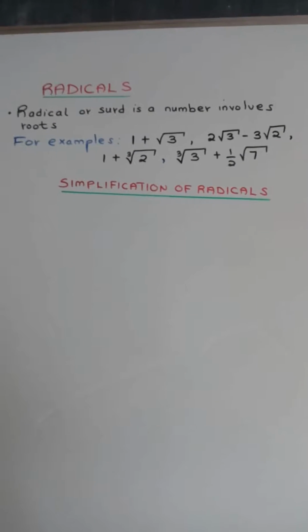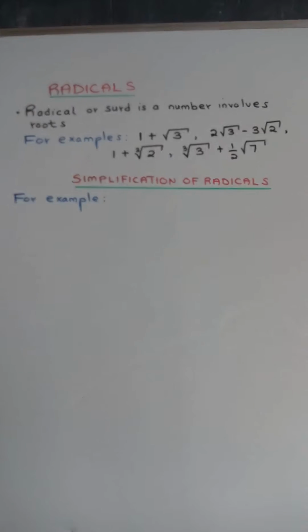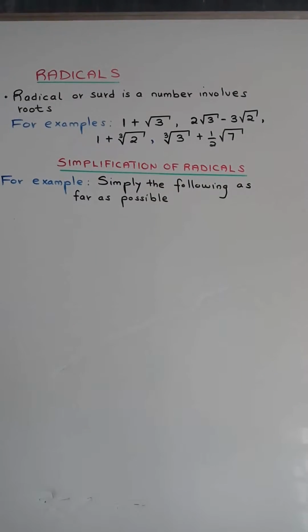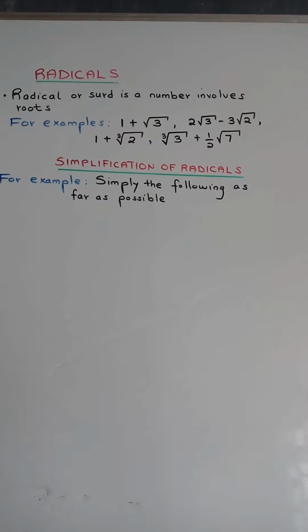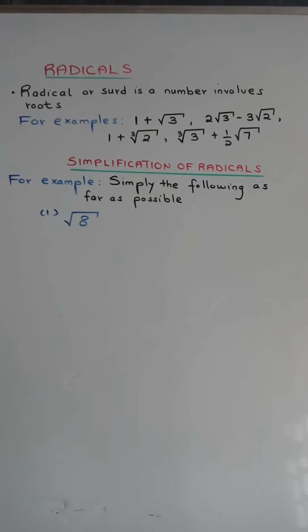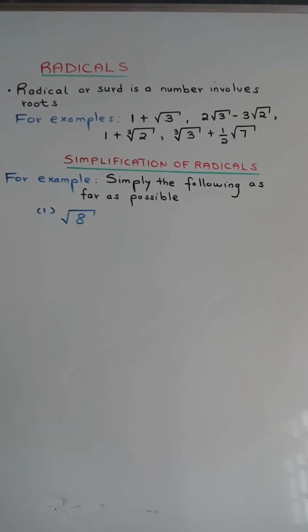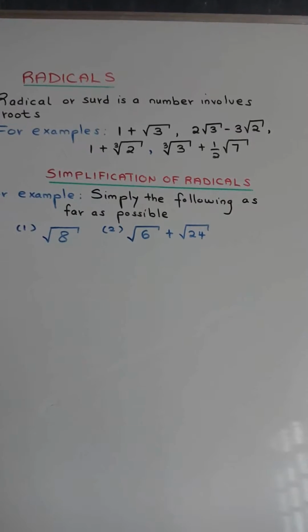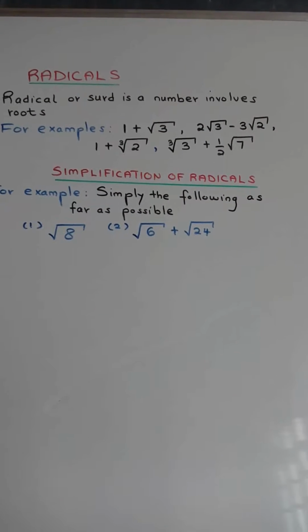Simplification of radicals. For example, simplify the following as far as possible. Number 1, radical 8. Number 2, radical 6 plus radical 24.